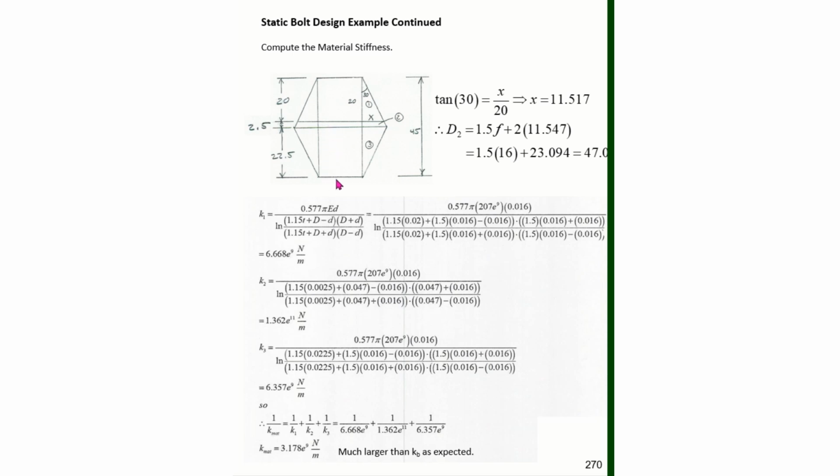And so we find the geometric center, and the geometric center will occur at 22.5, because that is half of the overall 45 millimeter length or grip length.